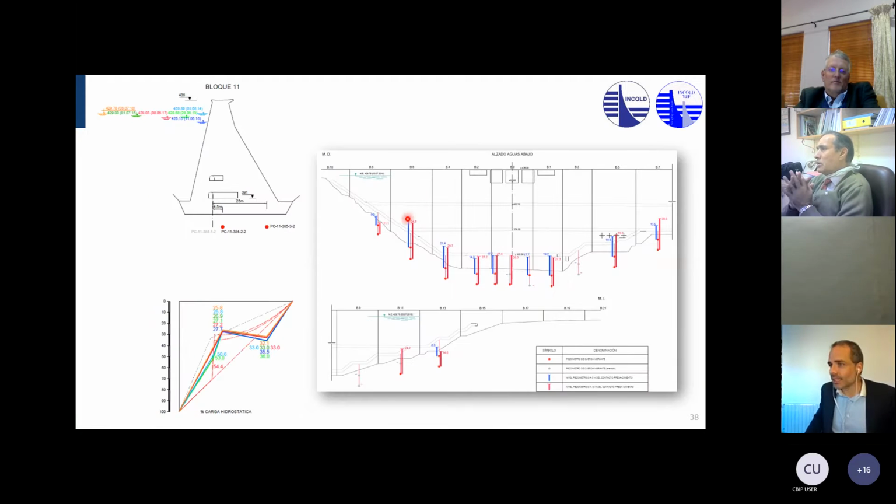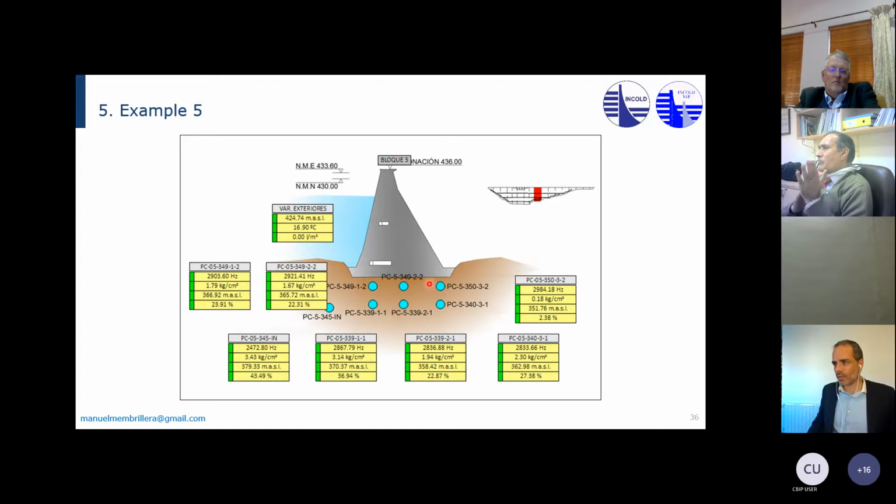We can see exactly where these pressures stand in relationship to the pool level. This is the pool level this day, this is the pool level that day, and these are the piezometric levels. These blue lines are the piezometers closer to the dam body foundation, and the red lines are the ones underneath.